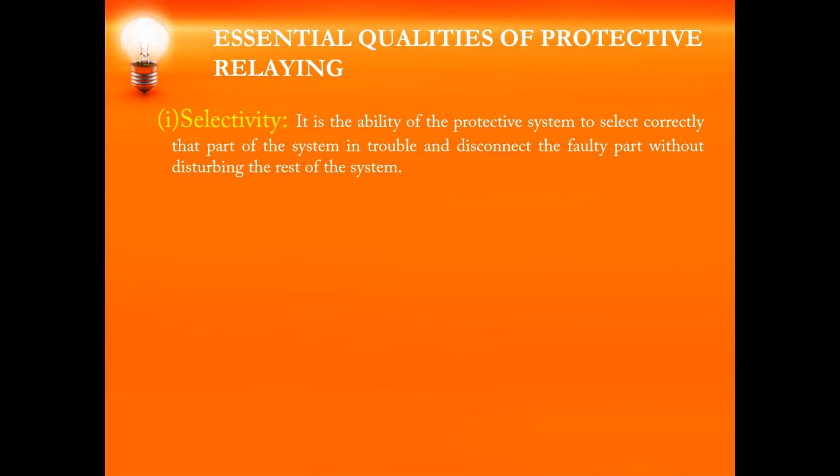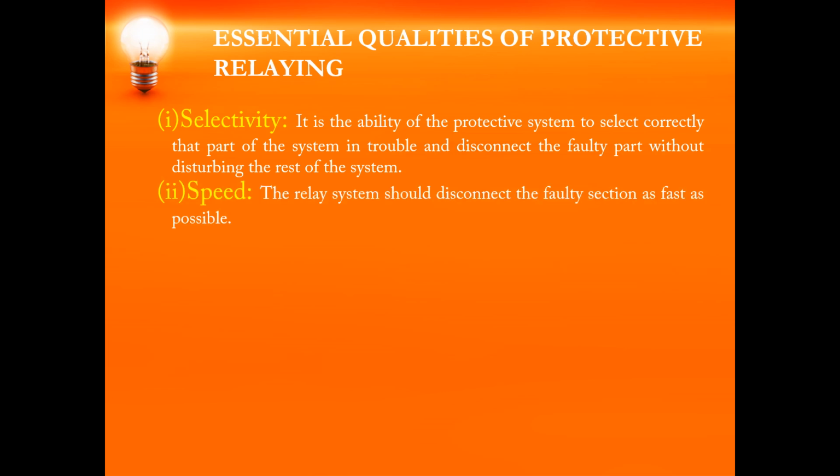So the circuit breaker or the protective relay should be able to clearly identify in which region the fault has occurred. It should be able to discriminate between the healthy part of the system and the faulty part of the system. So selectivity, or discrimination, is the most important quality of the protective relay.